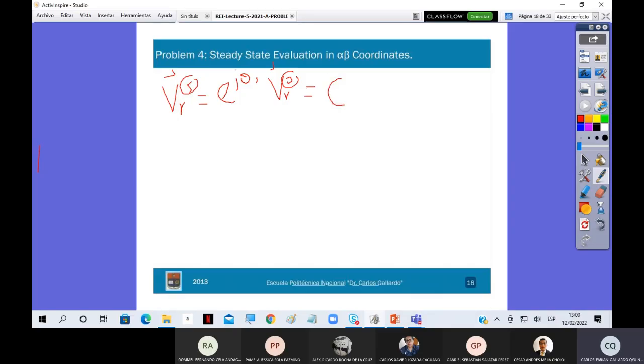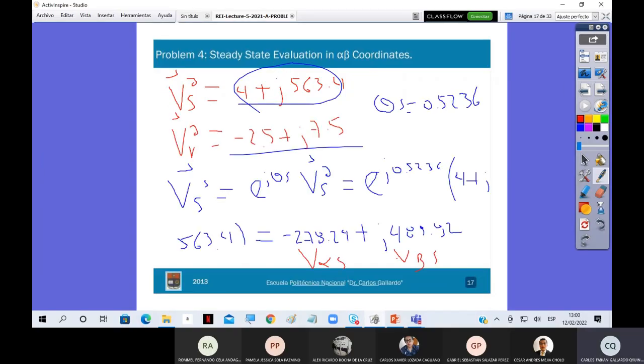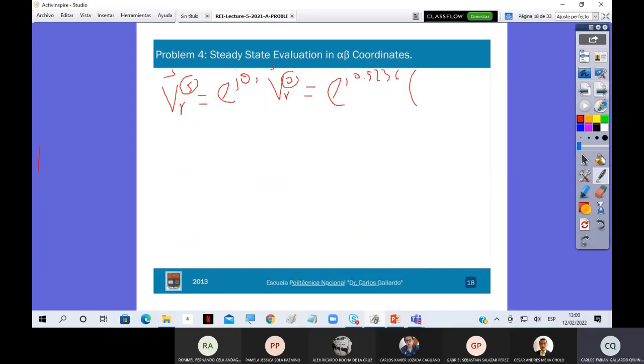Okay, so I will have e to the power of 0.5236 times the angle of the rotor voltage, which is negative 2.5 plus j7.5.